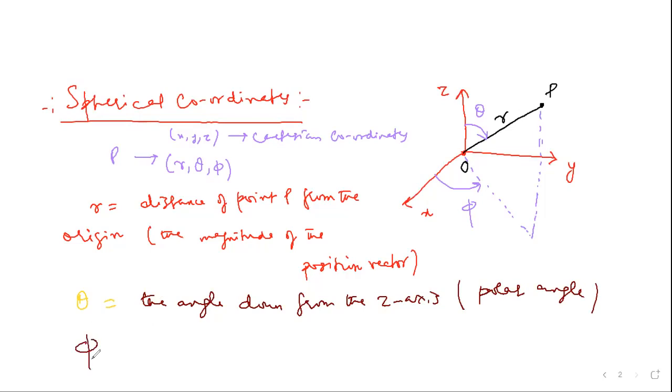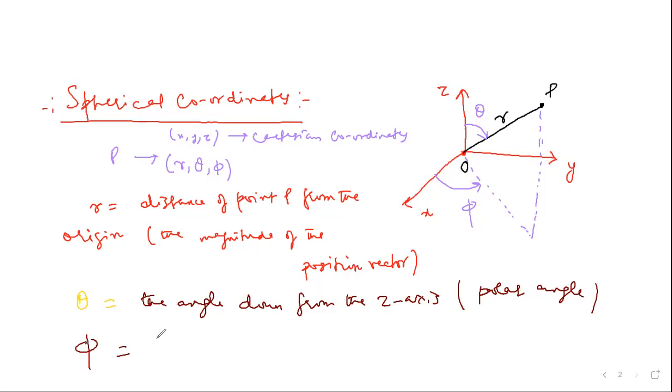Then we have phi. What is phi? See, this r has projection in the xy plane, because the x-axis here is coming out of the board. Now this r has OP line as projection in the xy plane. That's its projection. Then we see the angle made by this projection with the positive x-axis, measured in this sense, right?